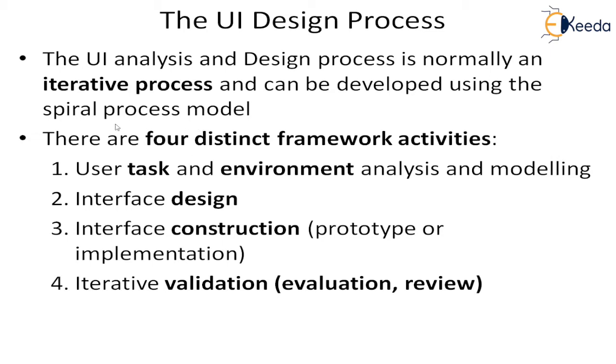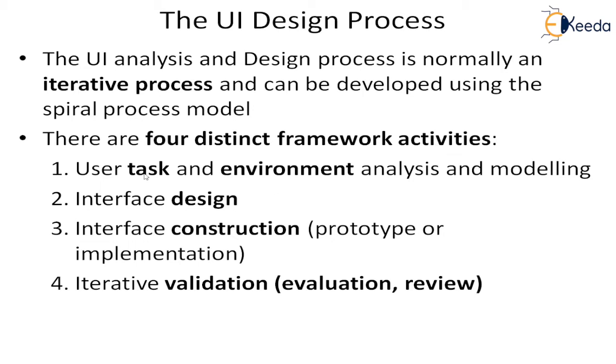This spiral process model gives us an iterative way of developing any activity of the software, so this UI design can be modeled by the spiral process model that is available with us. There are four distinct types of activities carried out under the design process.